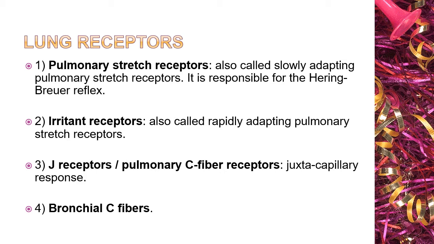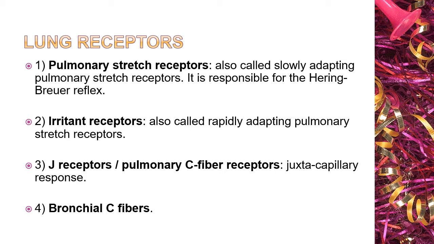Okay, and then let's look at the irritant receptors, which is number 2. The irritant receptors are also called rapidly adapting pulmonary stretch receptors, and they're called rapidly adapting because the response is rapid.